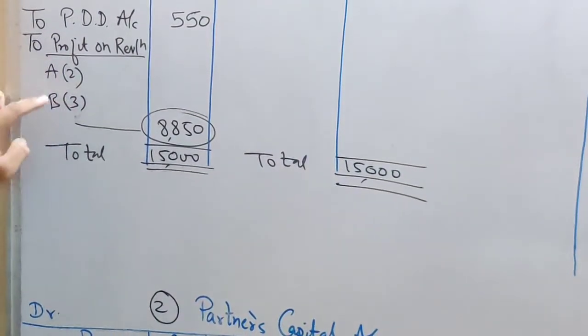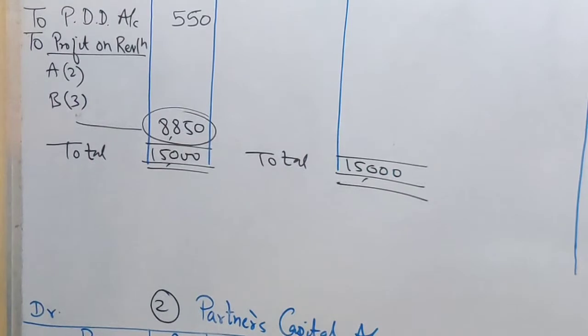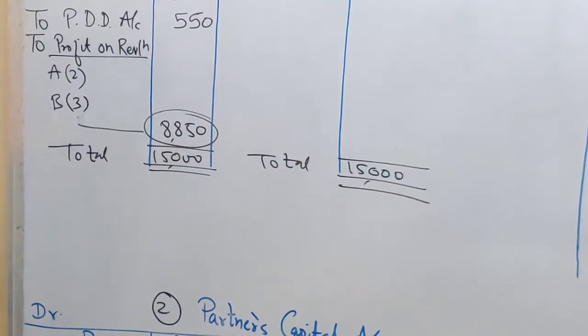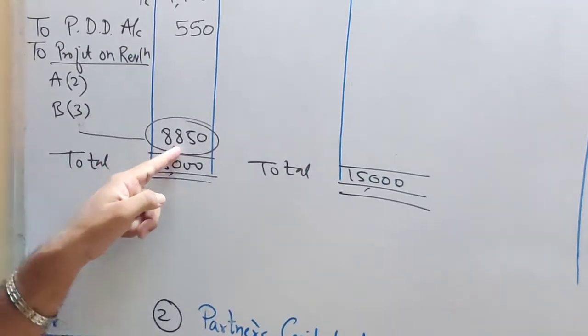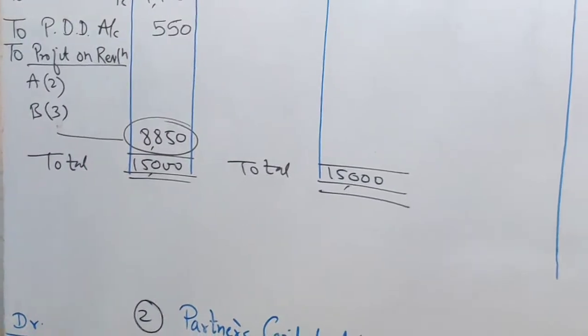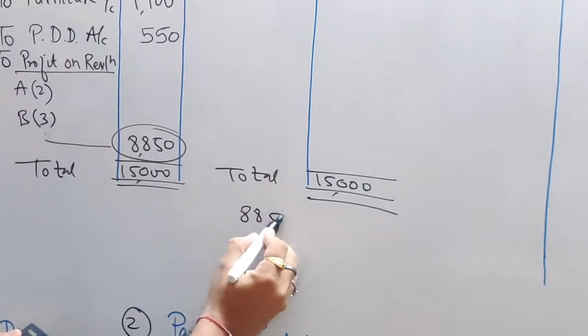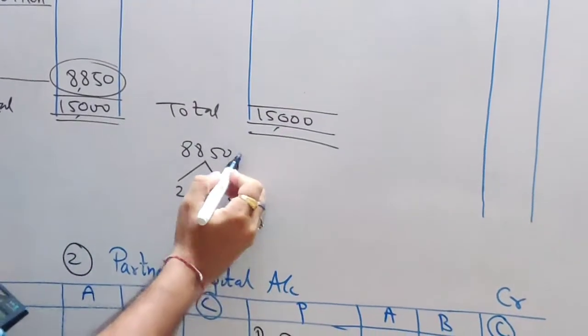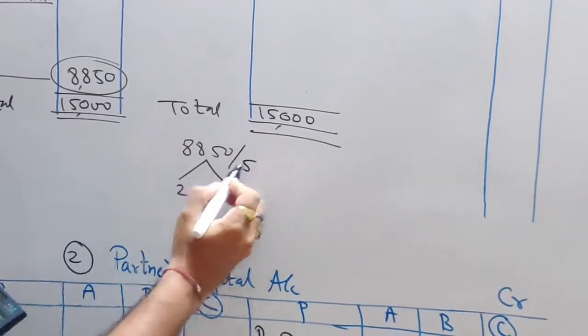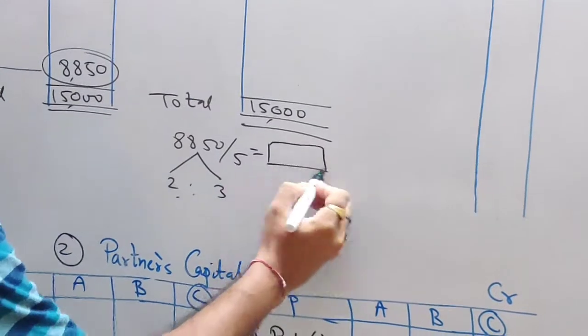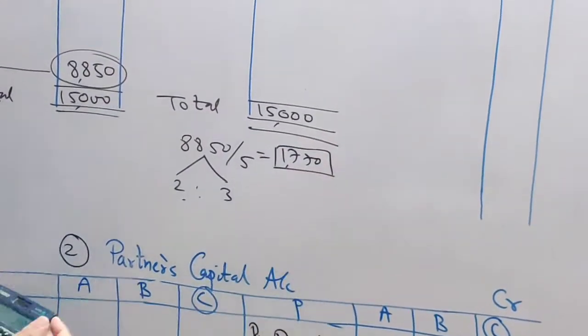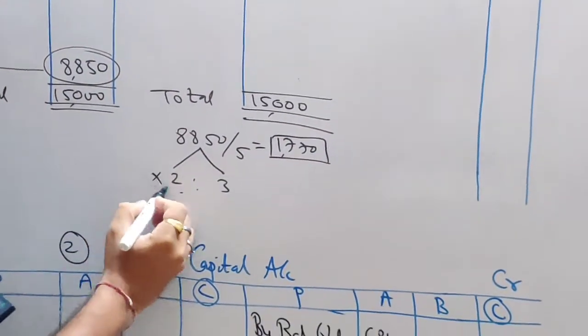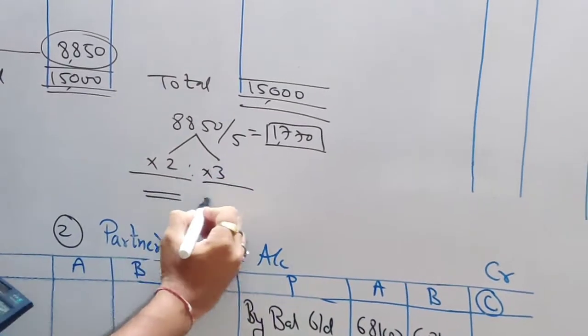So what is the total, students? 5. So I will divide this balance by 5. See, I am doing it this way. 8850, you have to divide in this ratio. You will take the total of this. What is the total of this? 5. What answer did I get? 1770. Now what to do with this answer? You have to multiply by 2 and multiply by 3.